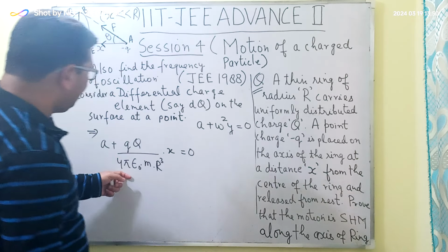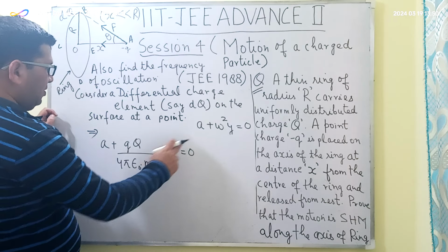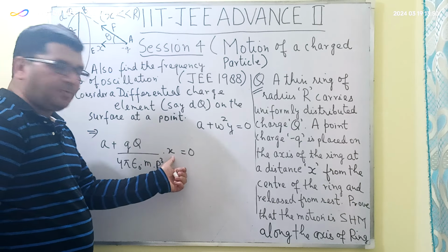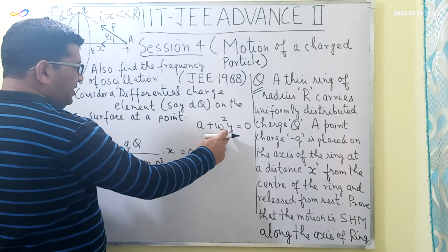Now if I compare this equation with this, you can see here x is the displacement, and here y is the displacement. So this ω² will be equal to qQ divided by 4πε₀ m R³.